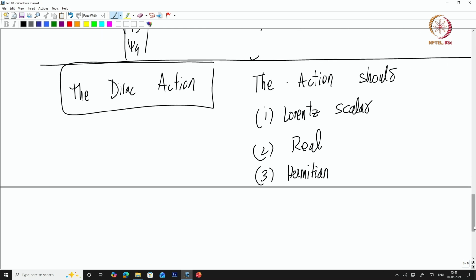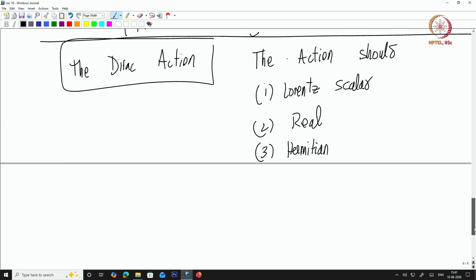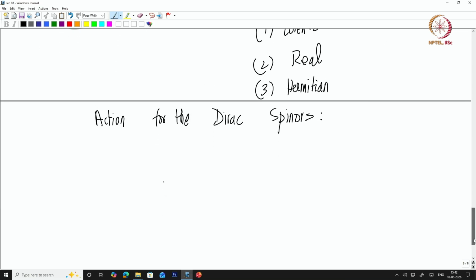Let us stick to only these two things and try to write the action for the Dirac spinors. It is obvious that it is already Hermitian, Lorentz scalar and real.